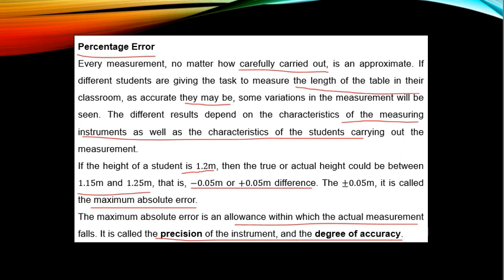So we give that allowance for possible error that may be encountered. That allowance given is the maximum absolute error, called the precision of the instrument and the degree of accuracy. We always give that, and that forms the basis of percentage error.